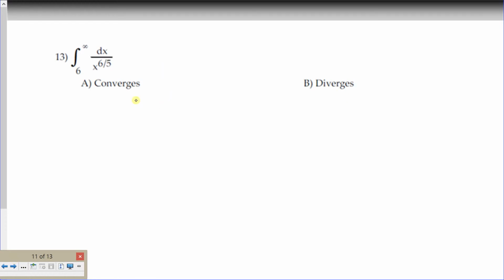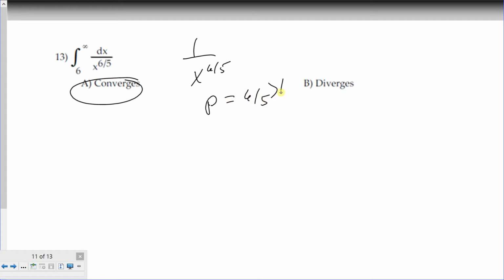This one converges because it's 1 over x to the 6/5, so p is equal to 6/5, which is more than 1. So it converges.